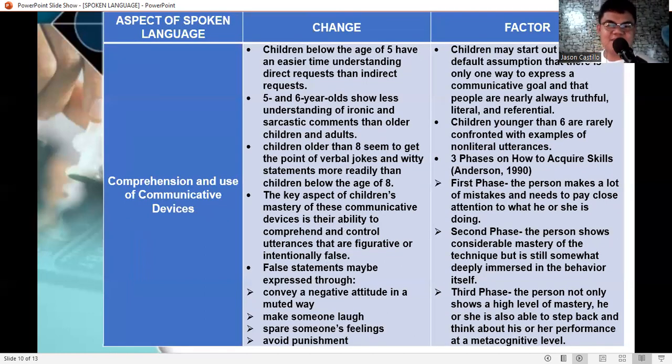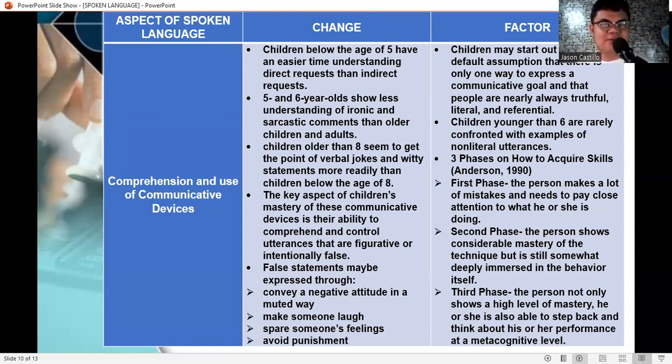Okay. So last one, we have comprehension, the use of communicative devices. So how do our children comprehend when it comes to the spoken language competence? So the first one is children below age 5 have an easier time understanding direct rather than indirect requests.